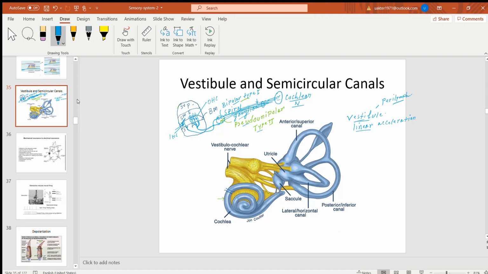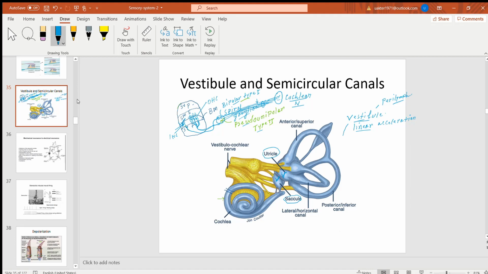And if you see the vestibule, inside it there are two structures, utricle and saccule. So these are two structures in the vestibule.